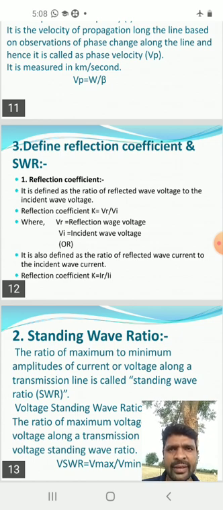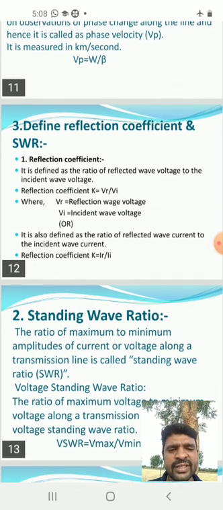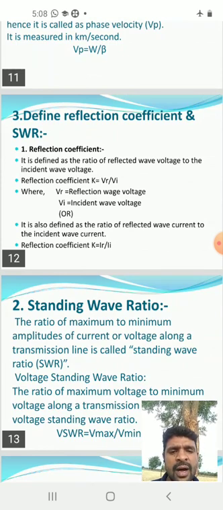It is denoted by K. K equal to VR by VI or IR by II. VR means reflected wave voltage, VI means incident wave voltage, IR means reflected current, II means incident current. That means it is the ratio of reflected wave current to incident wave current.